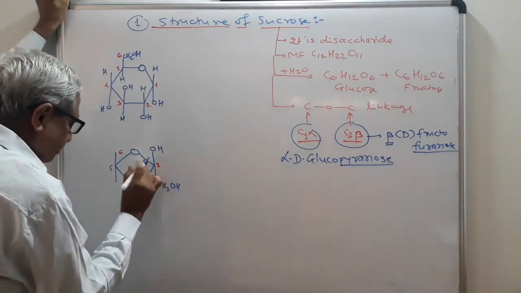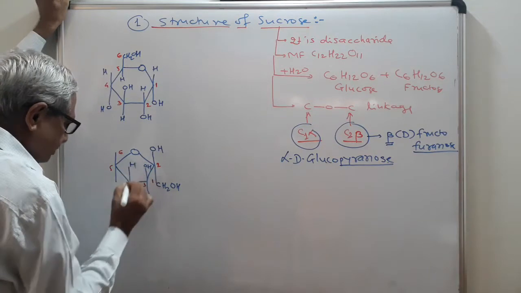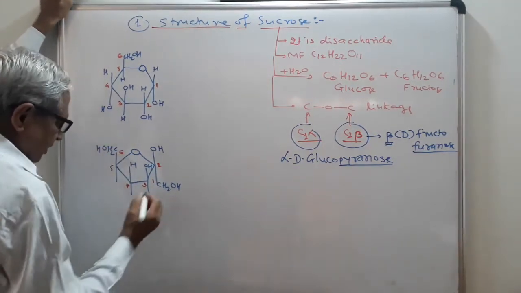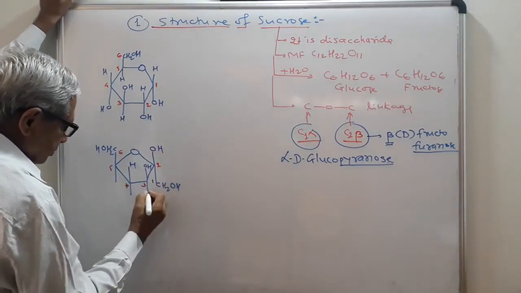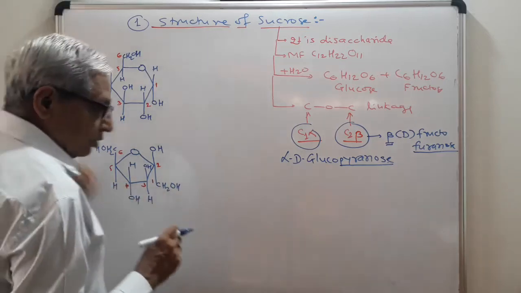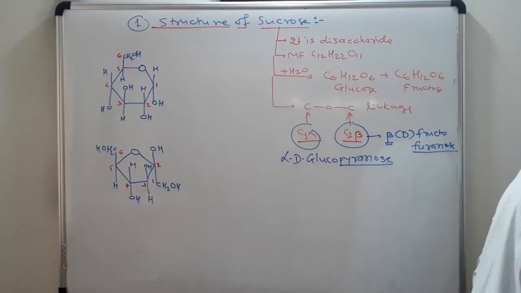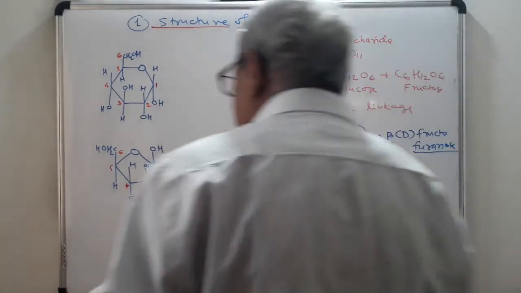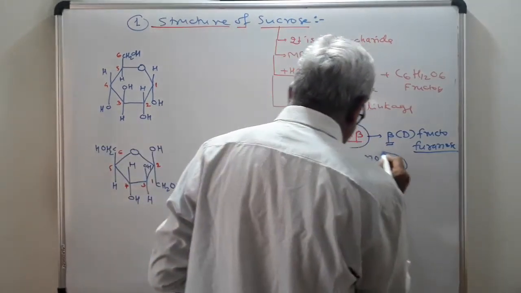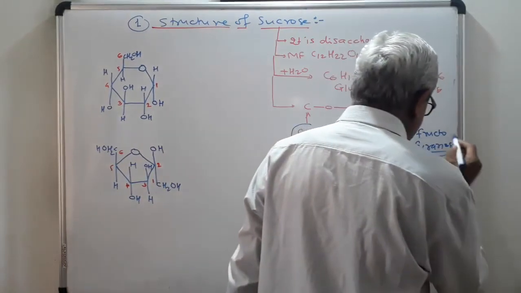Then on carbon number 3, the OH group is inside, so I will write here OH, here hydrogen, then here carbon number 6, CH2OH, then here C, here CH2OH, here H, here OH, and here H. So this is the structure of beta D fructofuranose. So we completed 2 points here: the first point, alpha D glucopyranose, and beta D fructofuranose.